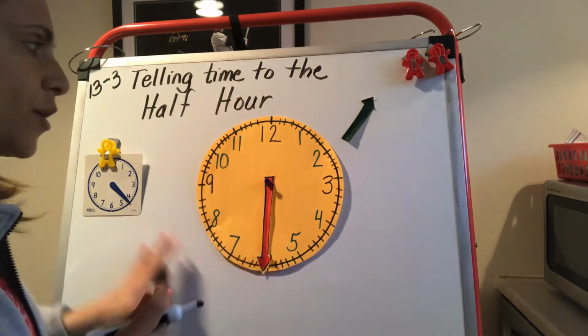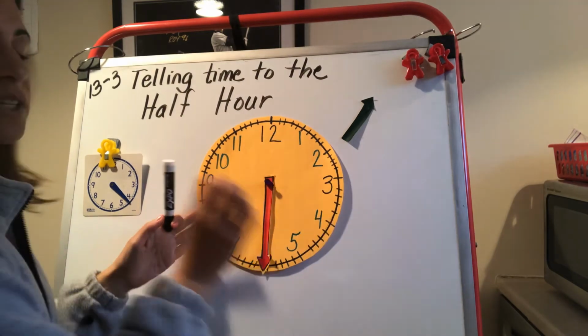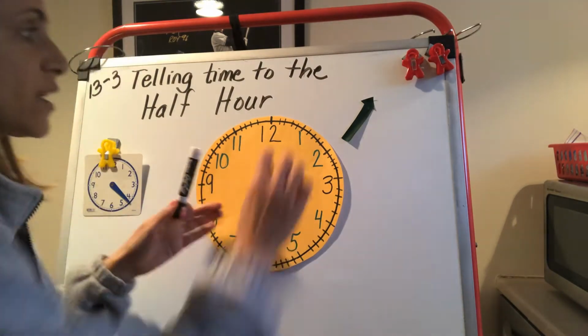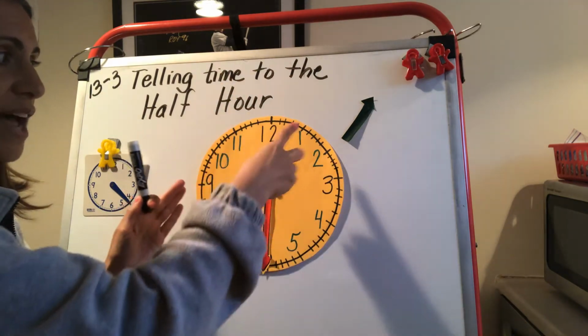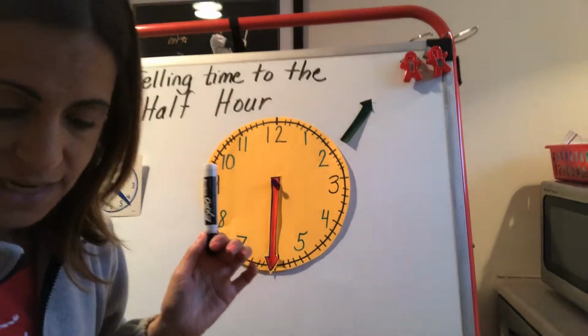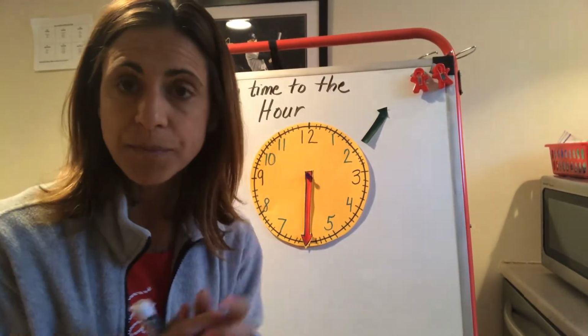Now, I didn't draw them perfectly, but this gives you the idea that we count every minute of the day. When the minute hand goes around the clock one full time, that means 60 minutes went by. 60 minutes equals 1 hour.